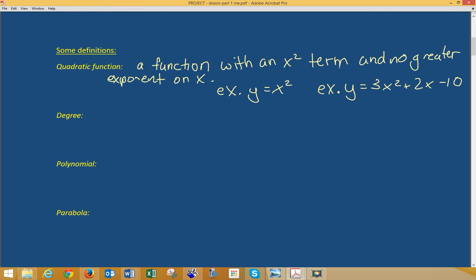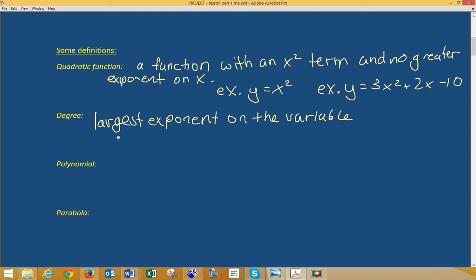A degree is the largest exponent on the variable. So in our previous examples with y equals x squared and y equals 3x squared plus 2x minus 10, the degree is 2 because the largest exponent on the variable, which is x, is 2.